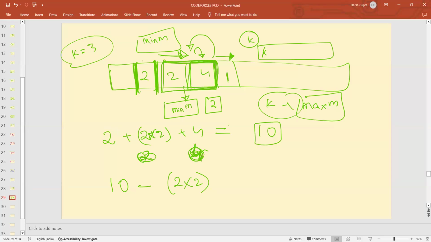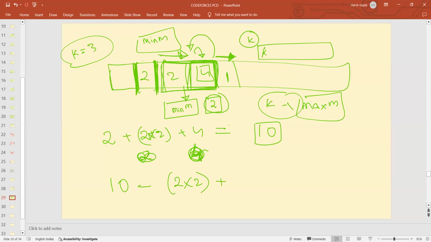So remove the minimum element from these k minus 1 elements, remove its contribution, and add the maximum possible contribution. The last element that I added in the k minus 1 elements was 4. So whatever is the maximum element towards the right of 4, simply take that as my last element. If I do that, 10 will get 2's contribution deleted.